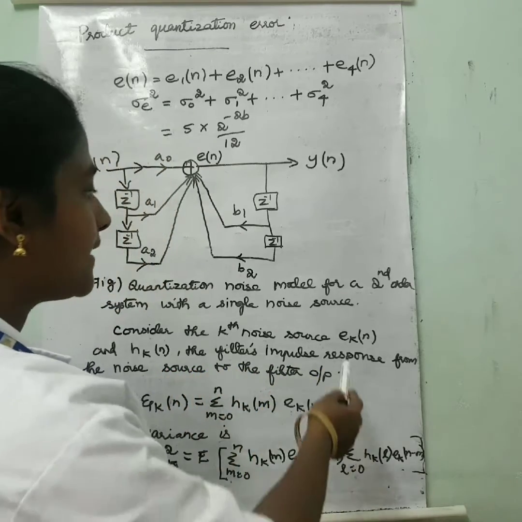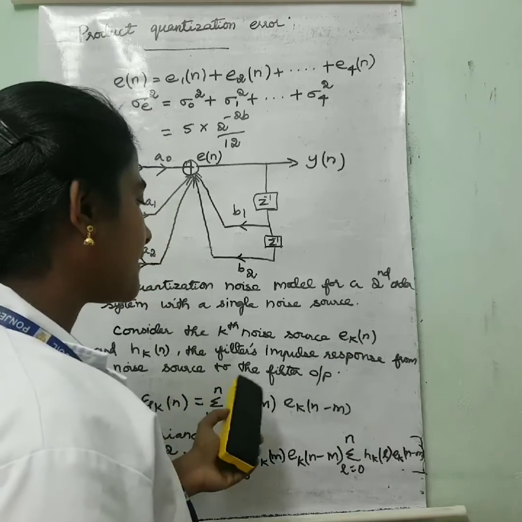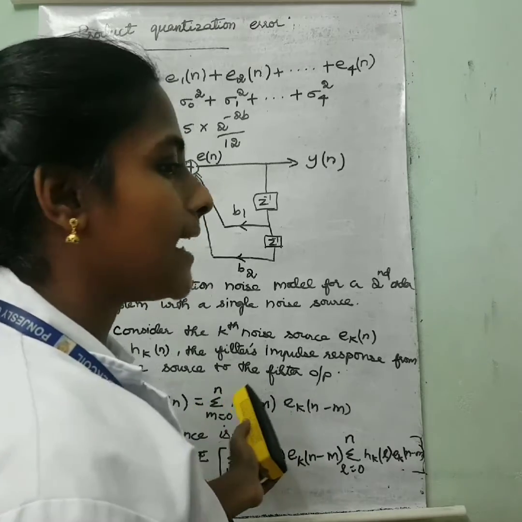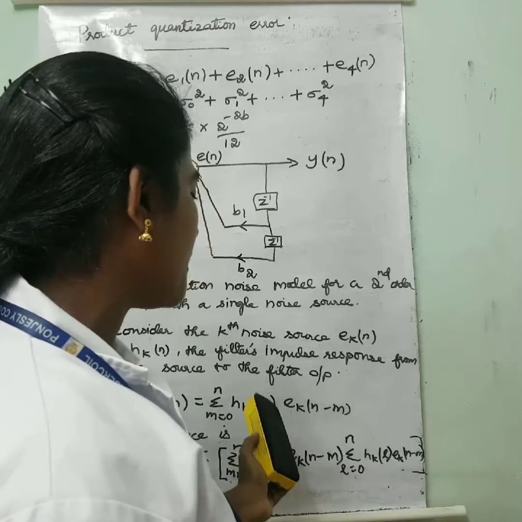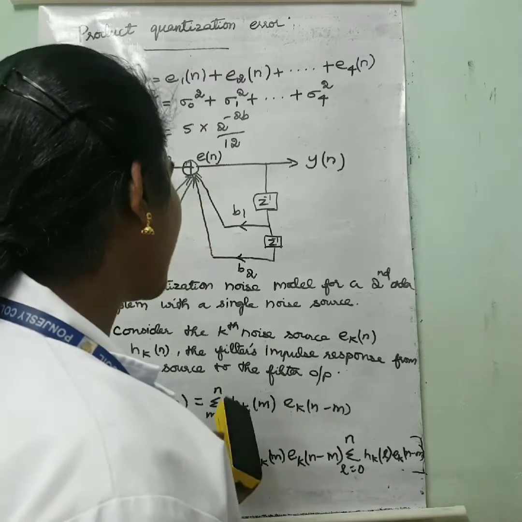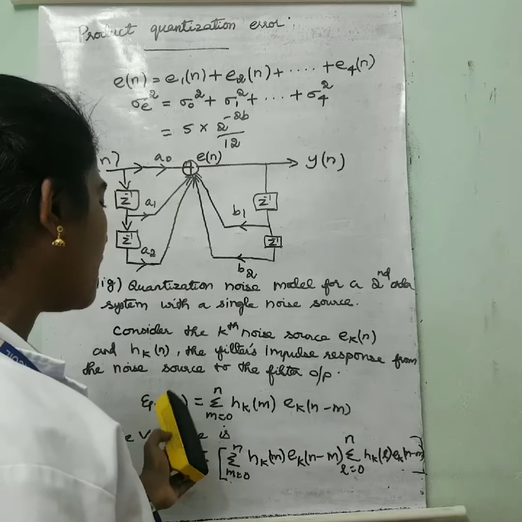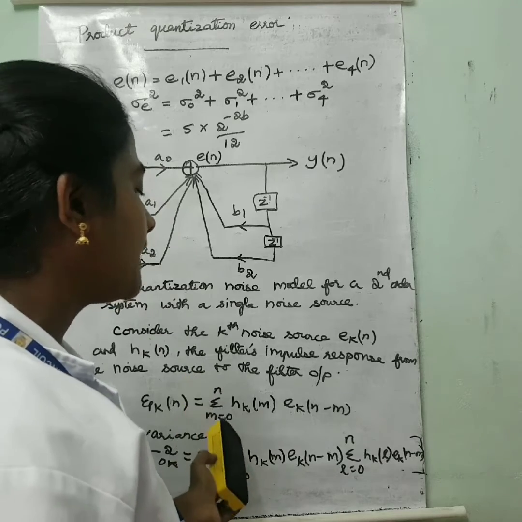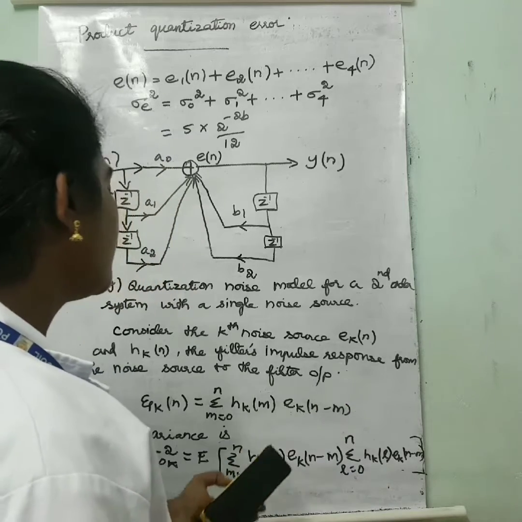The response due to the noise source is obtained by the convolution of Hk of m and Ek of n. So the response epsilon k of n is equal to summation m is equal to 0 to n Hk of m into Ek of n minus m.